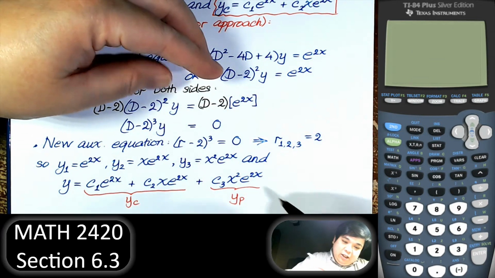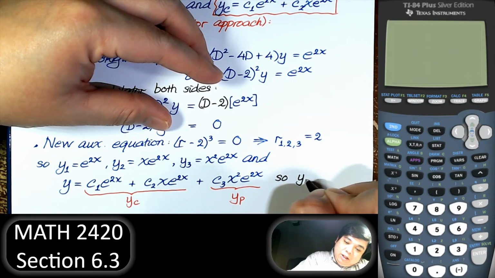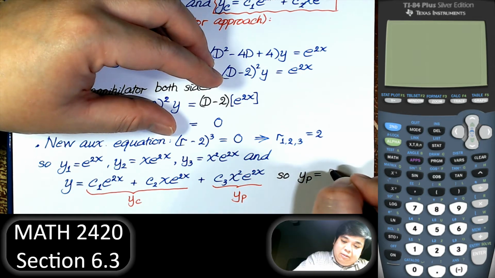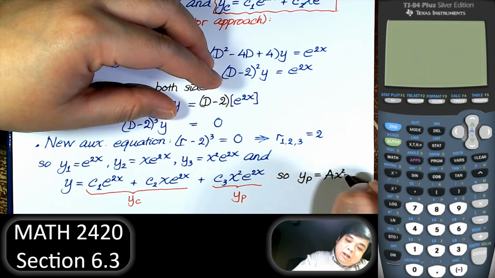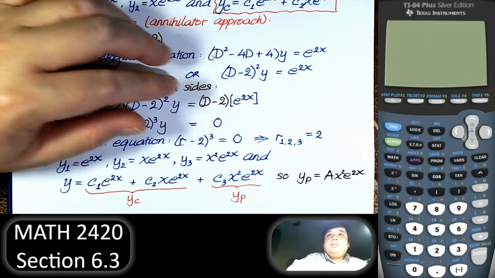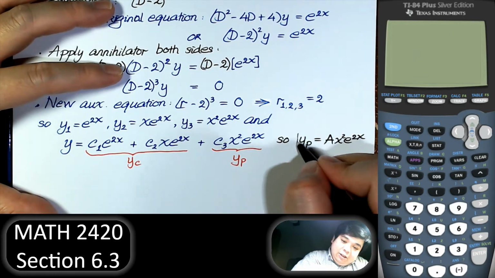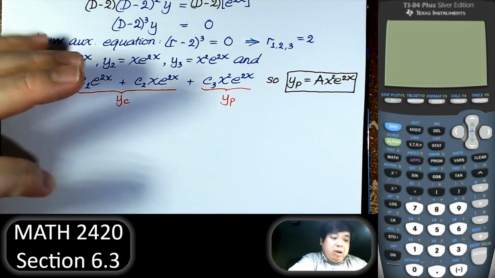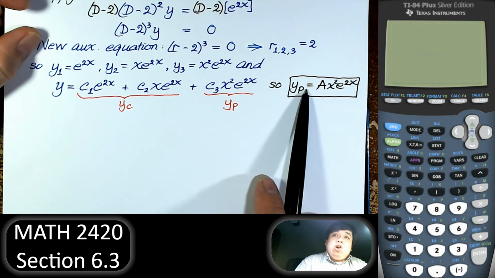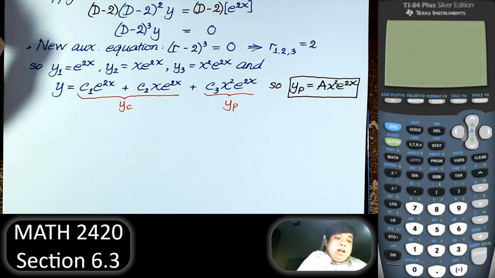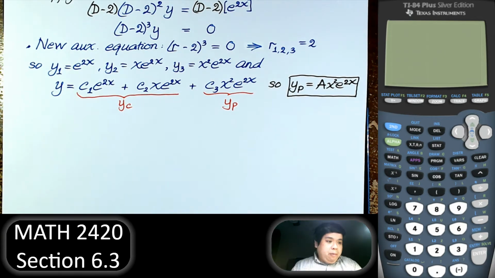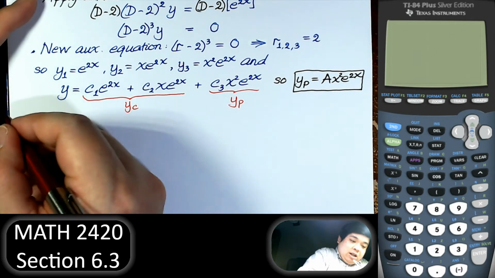From here we say the particular solution will be in the form of some constant, let's just use a, x squared e to the 2x. What's next? We take the derivative and second derivative, and use the undetermined coefficient to solve for the coefficient a. So this should be simple. So what's next is the undetermined coefficient.